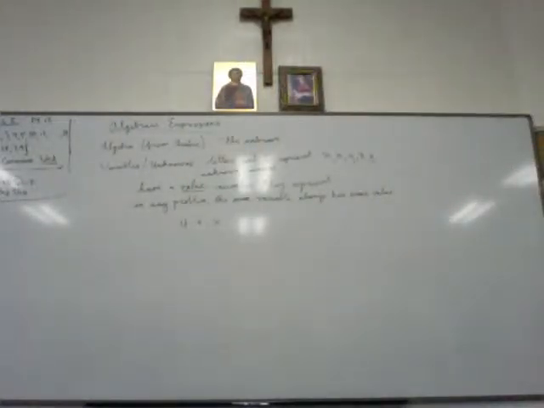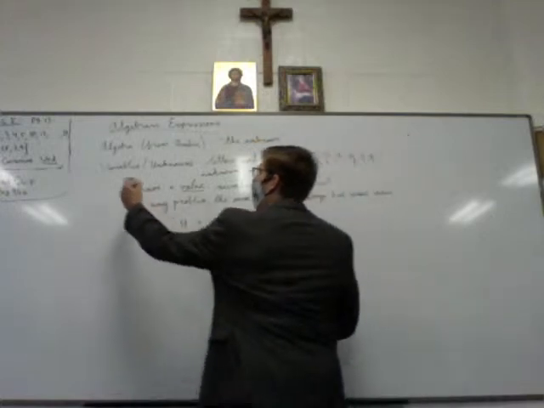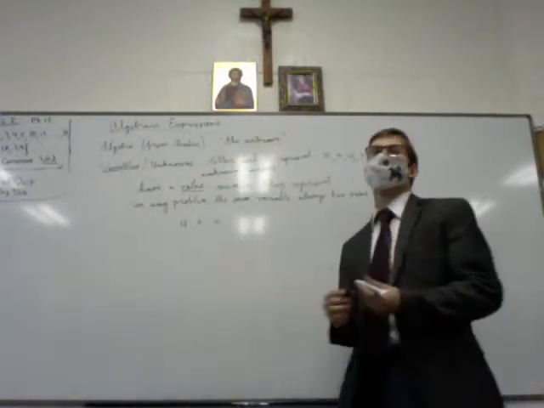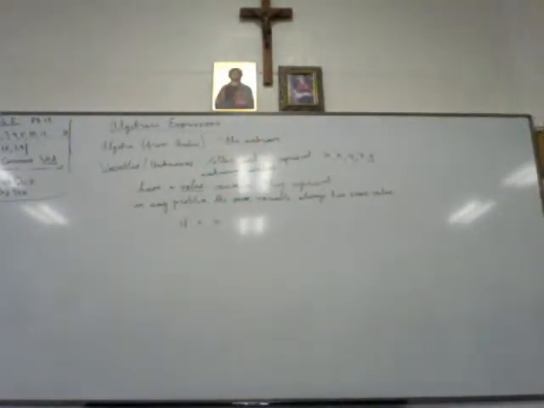What's one of the things in that expression there? 4 plus x. 4 is one of the things. And x is another one of these things. What do we call x? A variable. Okay. 4 plus x, what does 4 plus x equal? It could be anything because we don't know what x is.